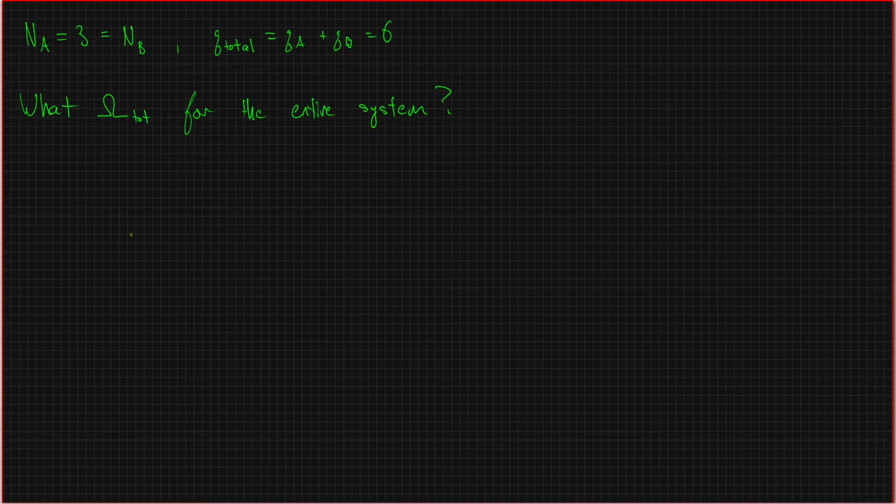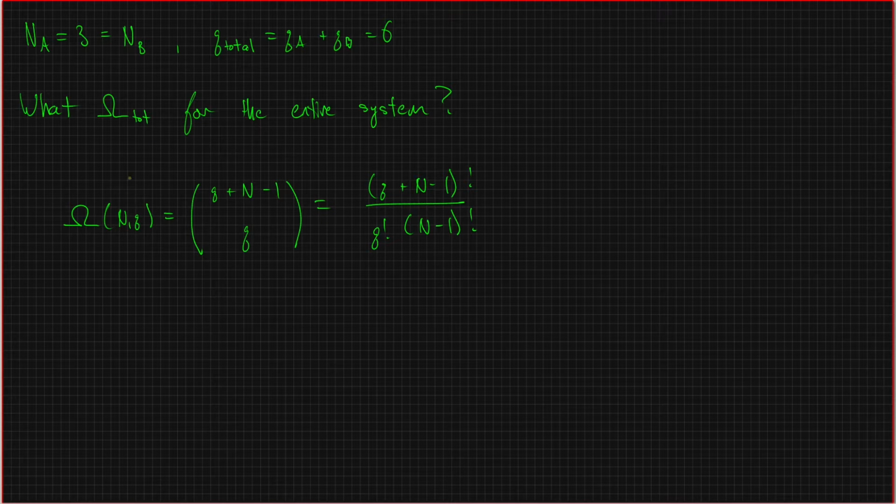So let's just rewrite this. Omega of n comma q is q plus n minus 1 choose q, which is q plus n minus 1 factorial all over q factorial times n minus 1 factorial.